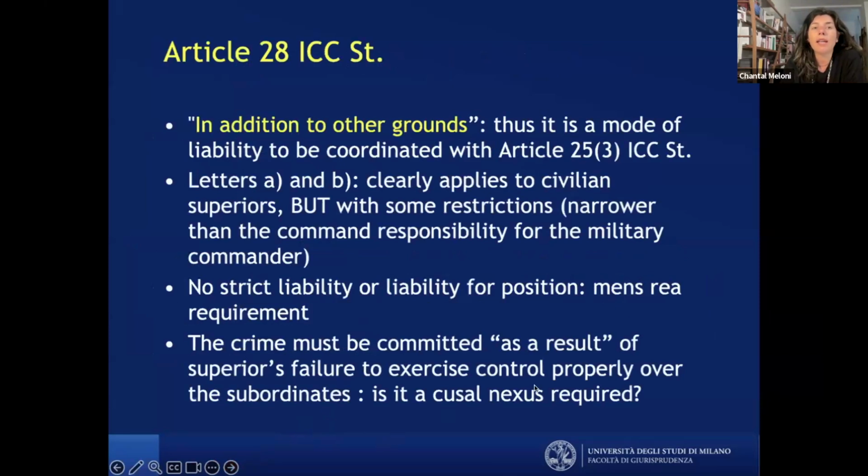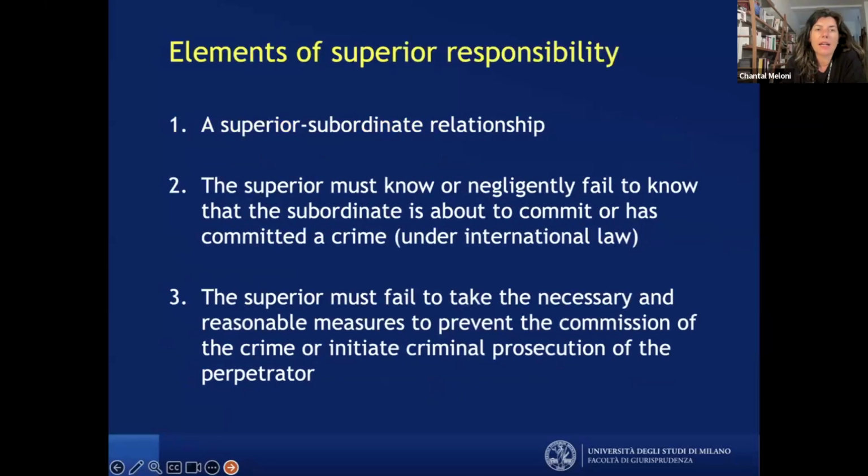But it is only with the ICC statute that we have a full-fledged definition of this mode of liability, which is also now clearly attaching to civilian leaders. Again, I skip the long definition that you will find in Article 28, but I just want to mention the three elements of this responsibility. Of course, there must be a superior-subordinate relationship.